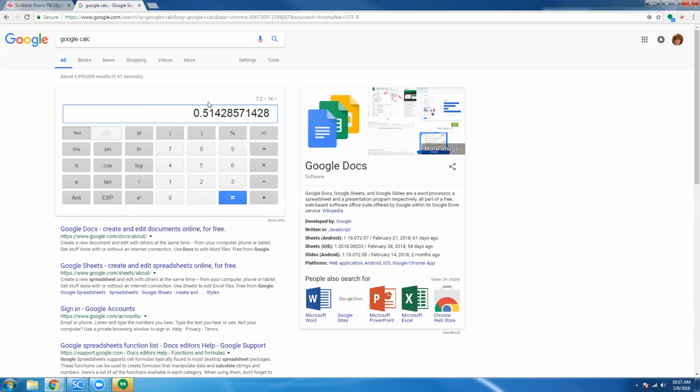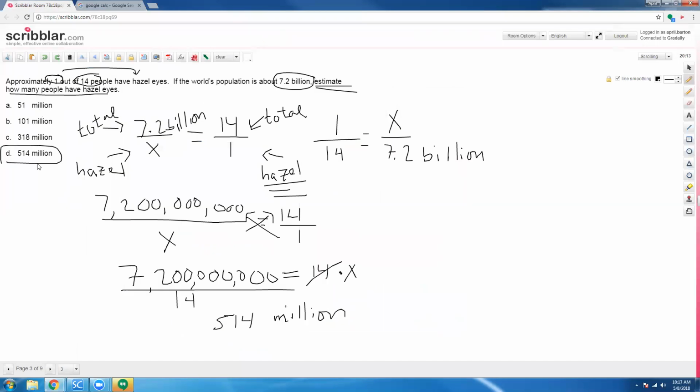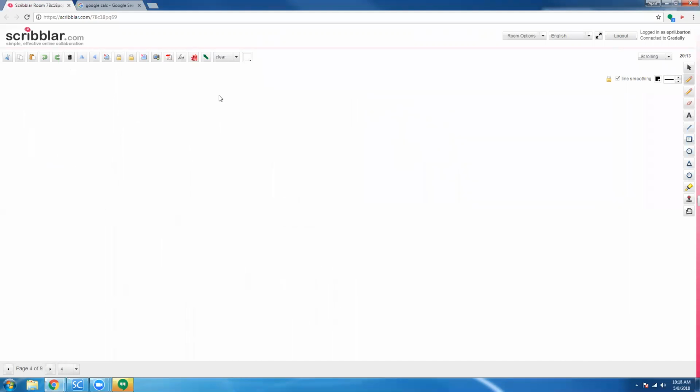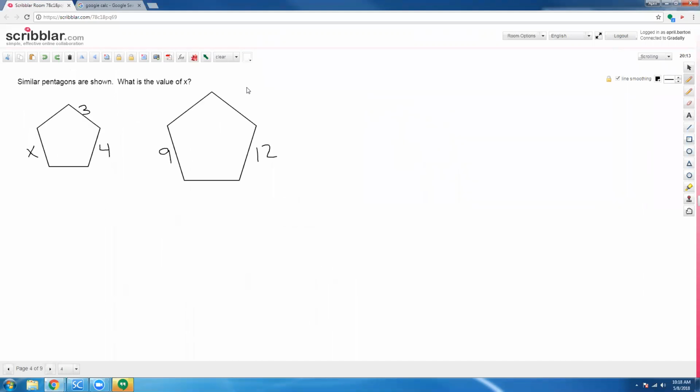I don't really know that this means millions because it's a decimal for billions. But you could still see what the correct answer was because there's still only one that has the 514. So even if there is a little variation, it might be something like that where it has to do with the fact that they said 7.2 billion instead of writing out the number 7,200,000,000. So just something to watch out for.